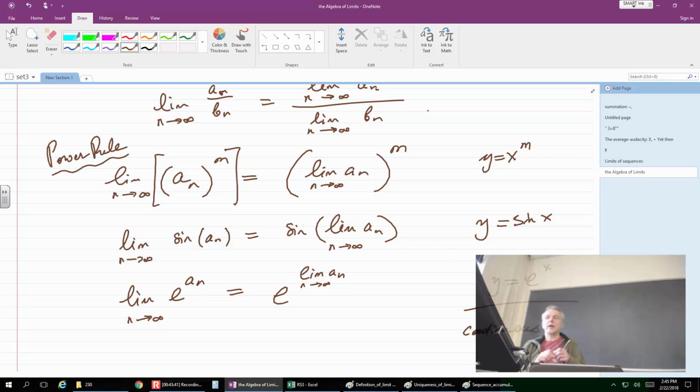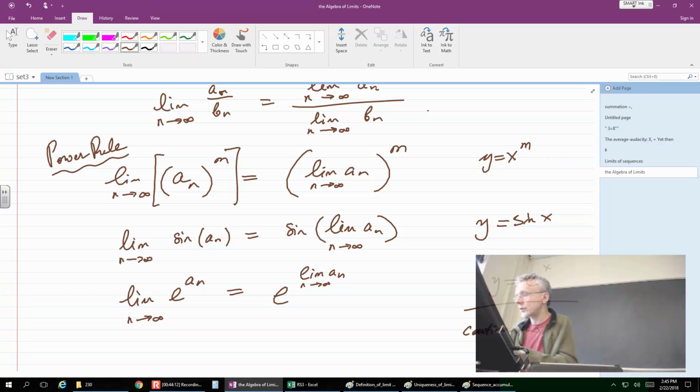A better way to think of it is that the exponential function, in the last line, is taken outside of the limit. It was inside the limit, now it's outside. So you take care of the limit first, and then you deal with the exponential function. That's why this rule also qualifies as a rule of limits, because it simplifies things so that you can deal with one thing at a time.